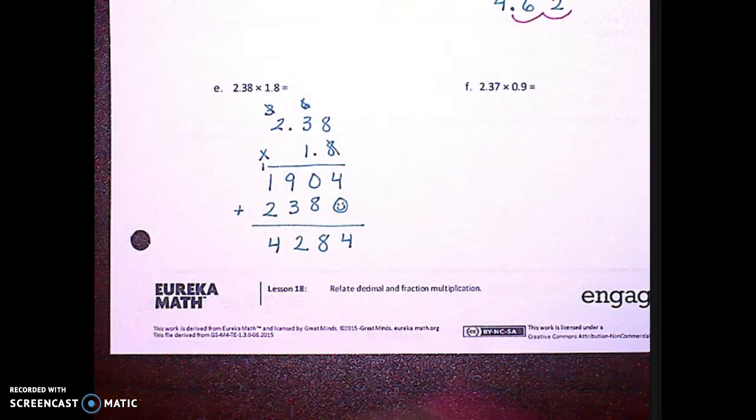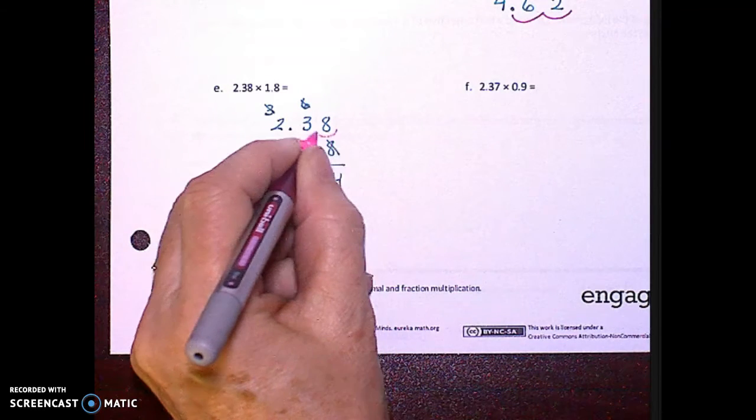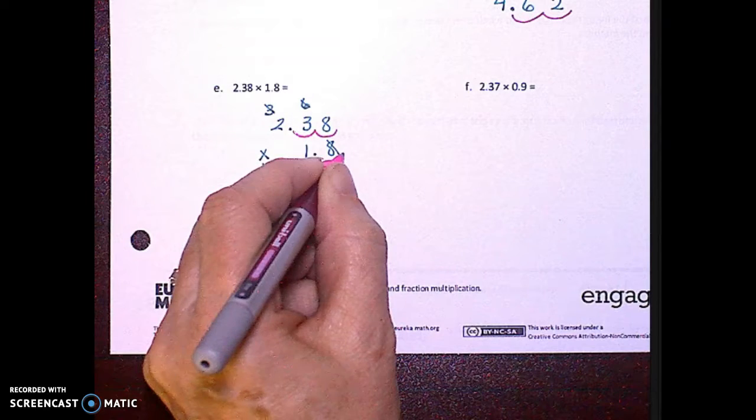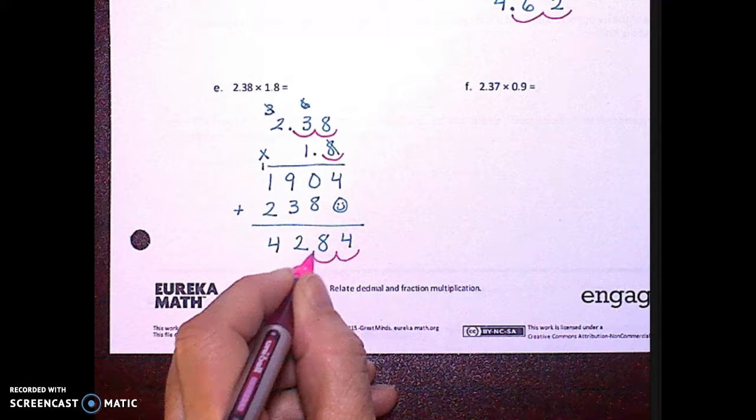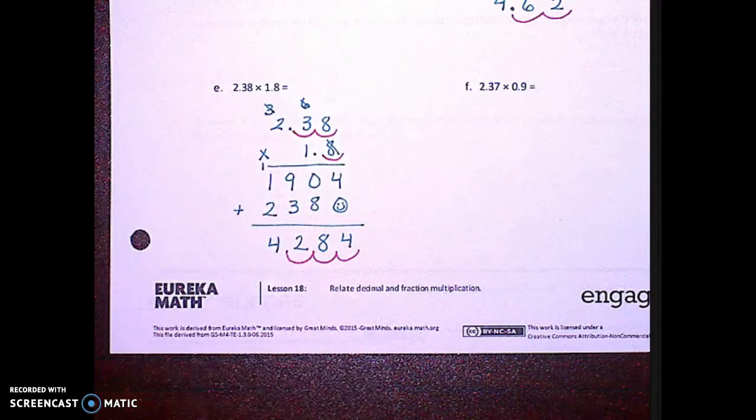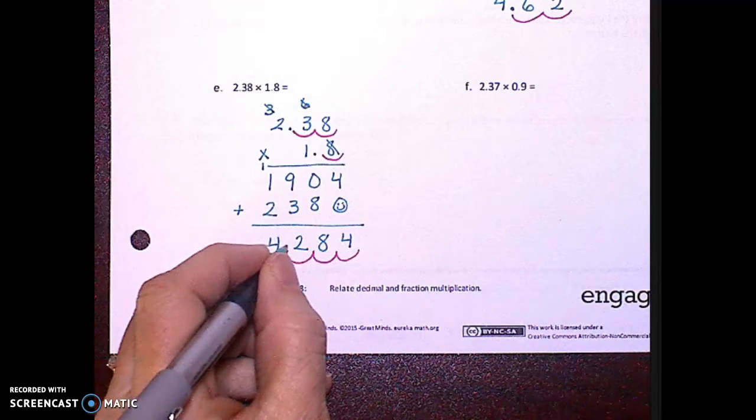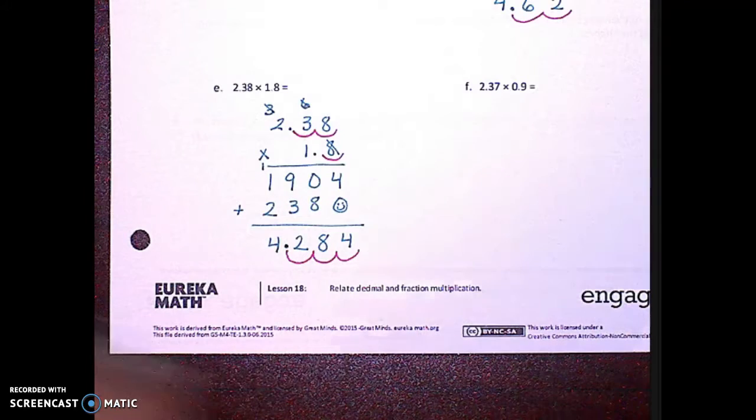Let's count our decimals. 1, 2, 3 places. 1, 2, 3 places. And that's exactly what we do on each one of those.